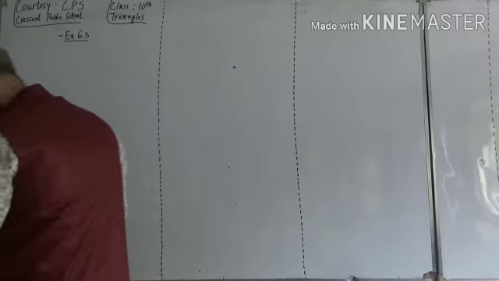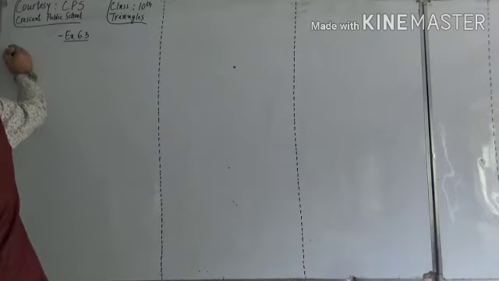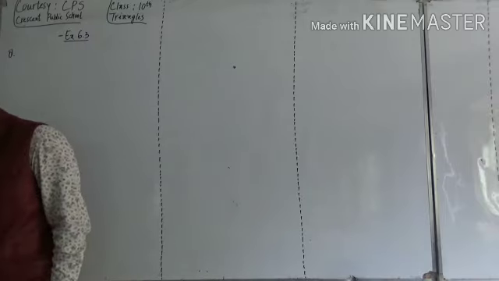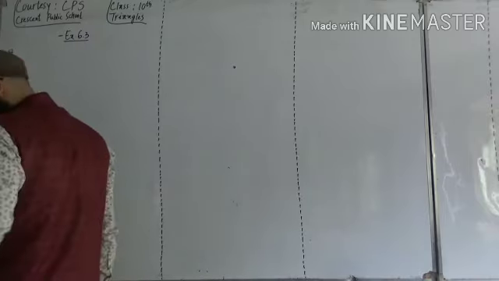Now let's have question number 8. Question number 8 says a vertical pole of length 6 meters.